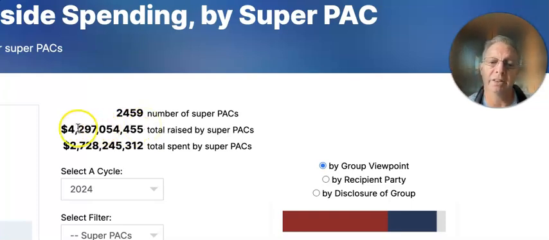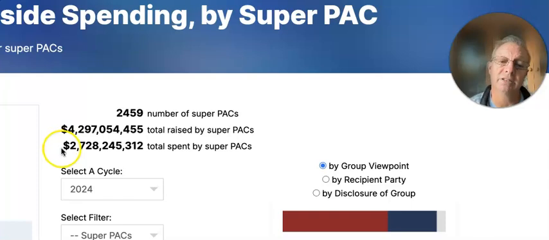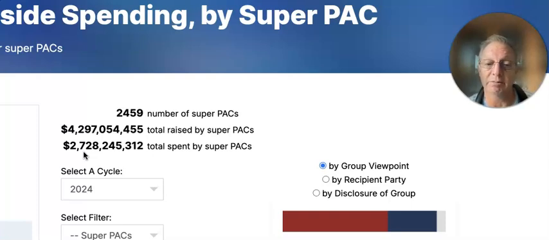And the total amount of money raised by Super PACs in the last election cycle was over $4.2 billion. And of that money, $2.7 billion was spent by Super PACs to create the advertising and media we watched during the election cycle for the 2024 election. Pretty amazing numbers.